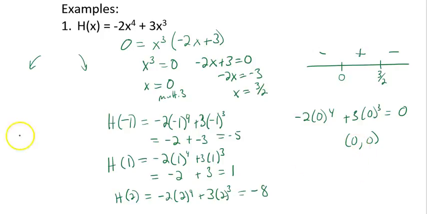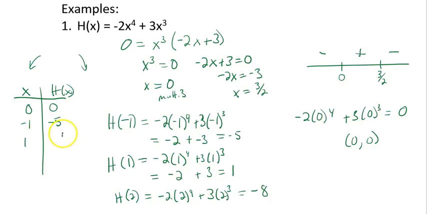Now, I know a lot of points already. So if I make a list, I know I have 0, 0. I just found that. I know I have negative 1, negative 5, and 1, 1, and 2, negative 8.